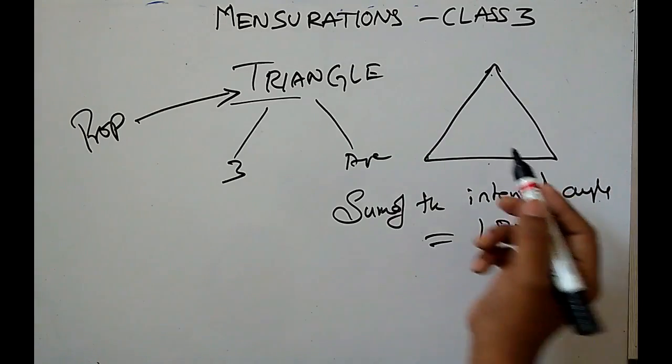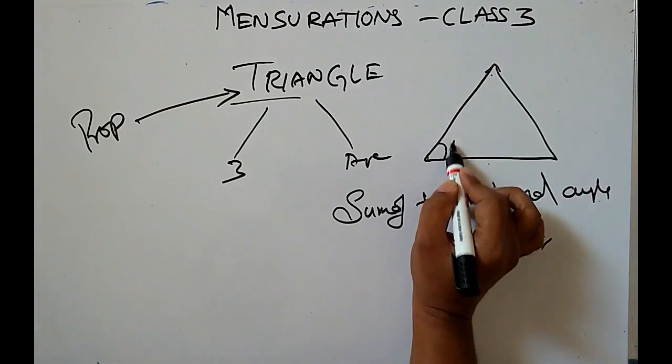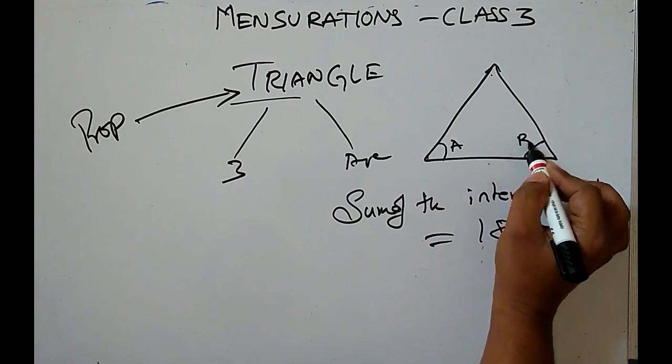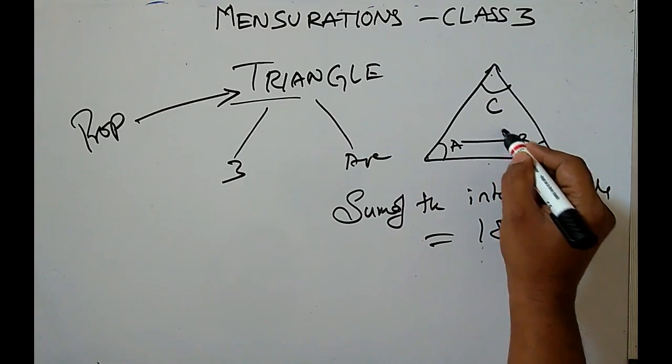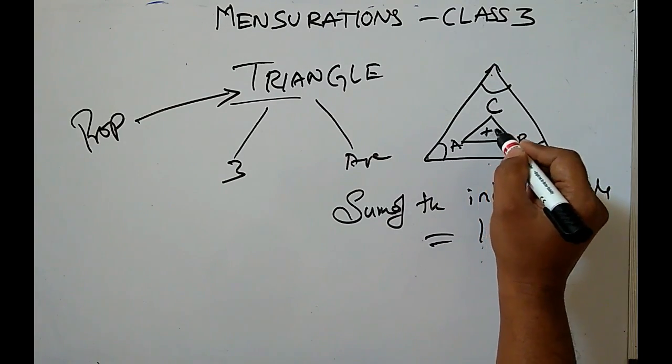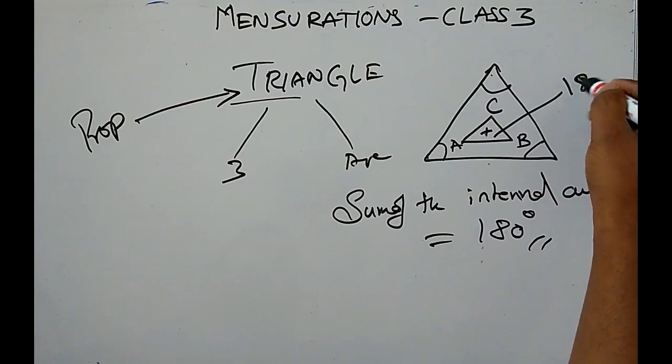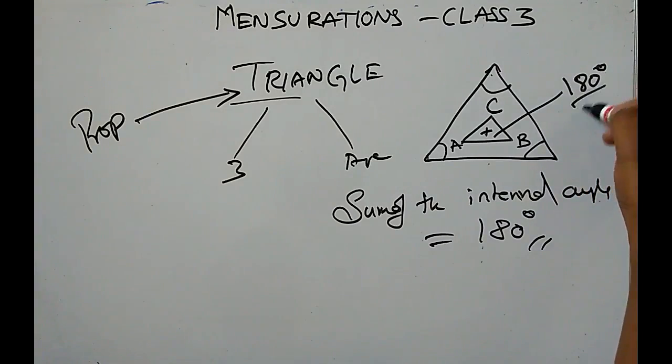What does this mean, friends? This is angle A, this is angle B, this is angle C. Sum of this, A plus B plus C angles, is equal to 180 degrees.